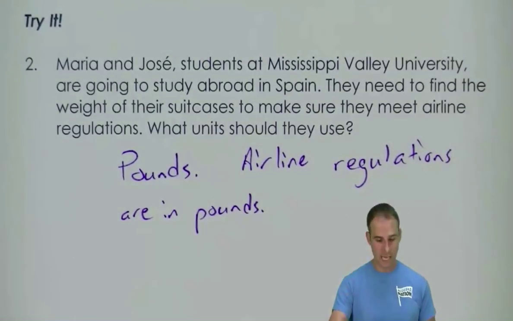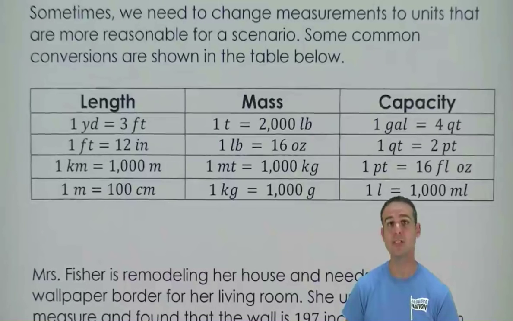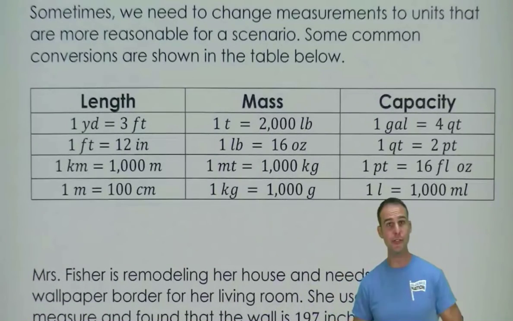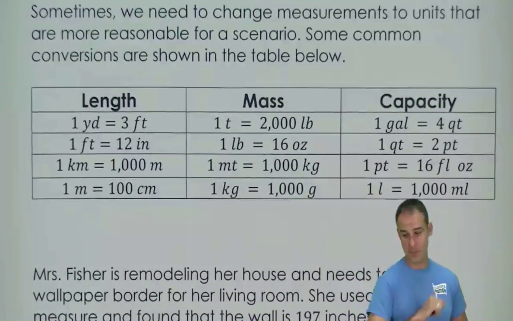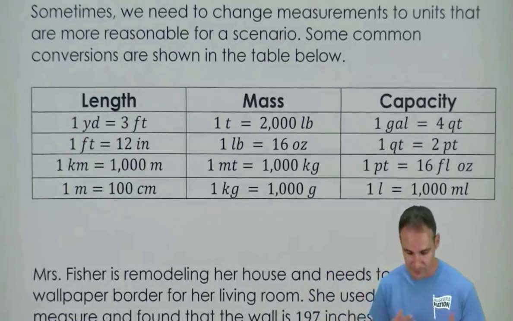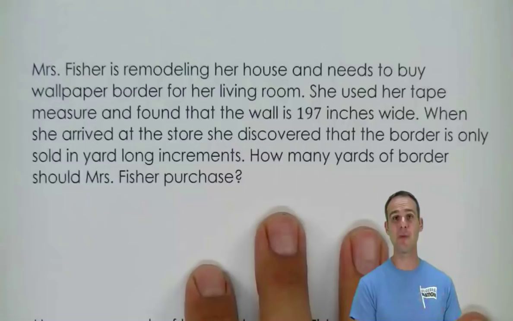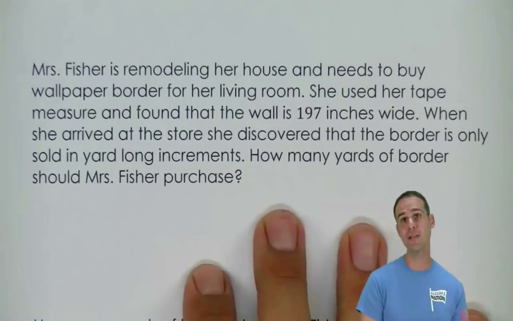Now, sometimes we need to change the measurements to units that are more reasonable for a scenario. So here are your common conversions for length, mass, and capacity. Now we're going to deal with conversions. For example, Mrs. Fisher is remodeling her house and needs to buy wallpaper border for her living room.